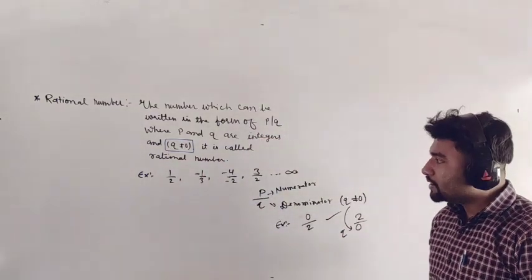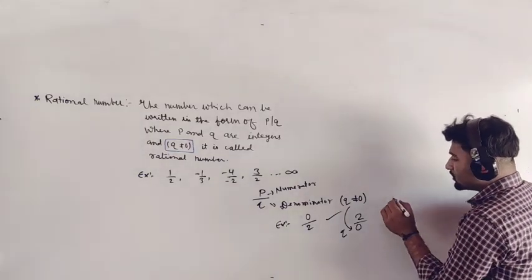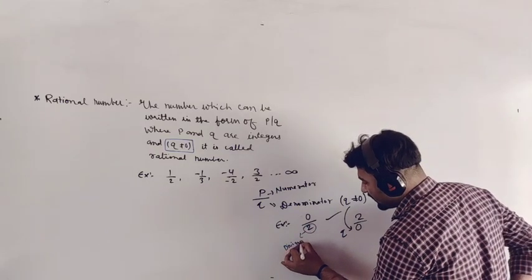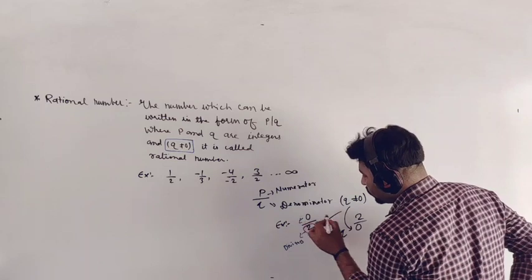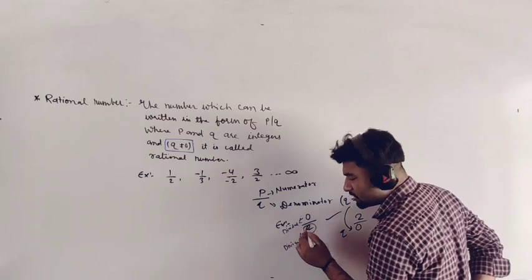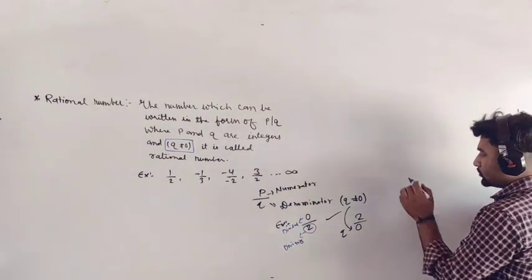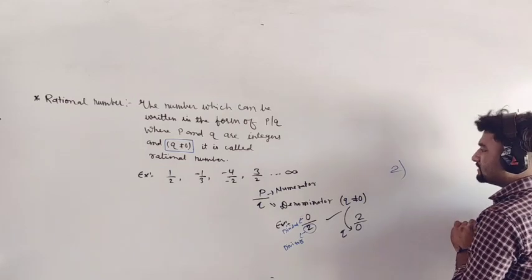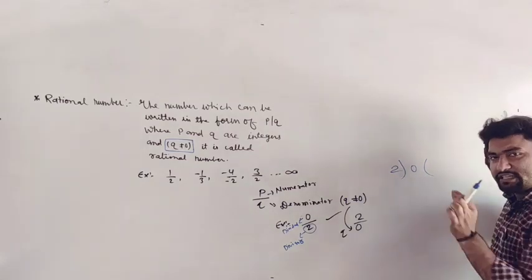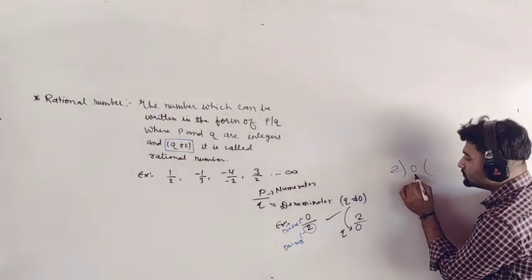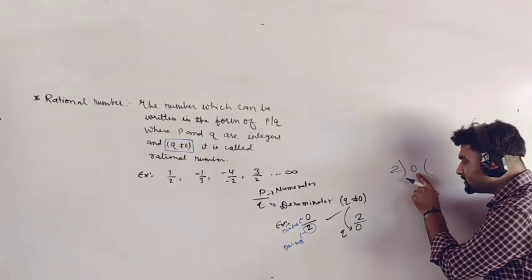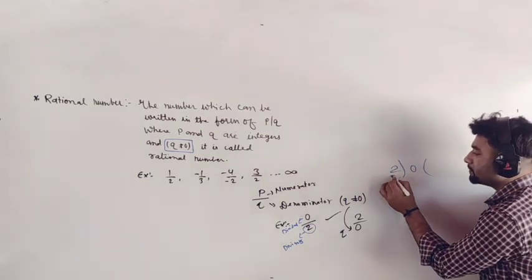Because here 2 is the divisor and 0 in the numerator is the dividend. All of you know this very well. So if 2 is the divisor and 0 is the dividend, take an example: you have 0 rupees, and you have to distribute these rupees between two persons.